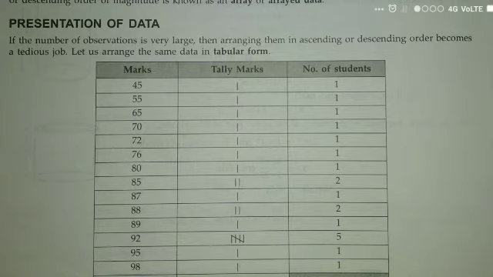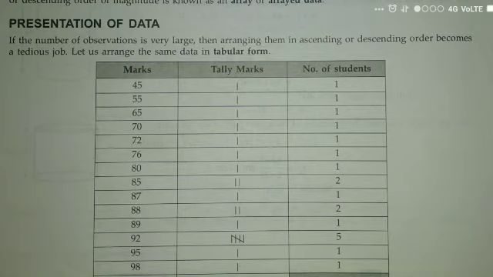In the previous example, we just observed the data of only 20 students. But if we have to take out the data of all our school students, such as 500 or 1000 students, then it is hard for us to find out the maximum, minimum and how many students are getting more than 90. So we arrange our data in the tabular form.